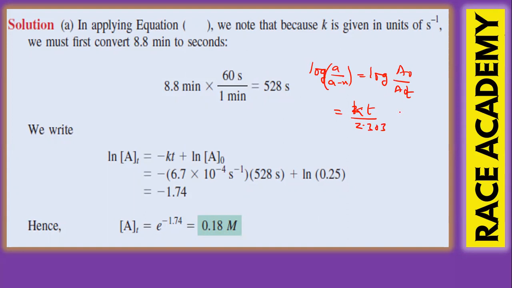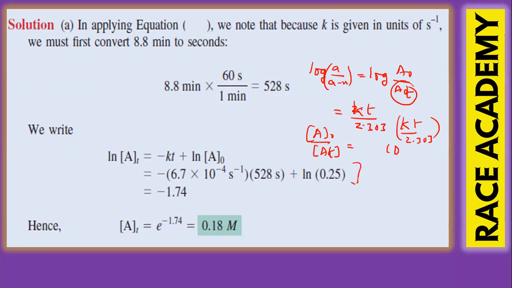Here you need this AT only. Then the value of A naught by AT will become equal to 10 power KT by 2.303.